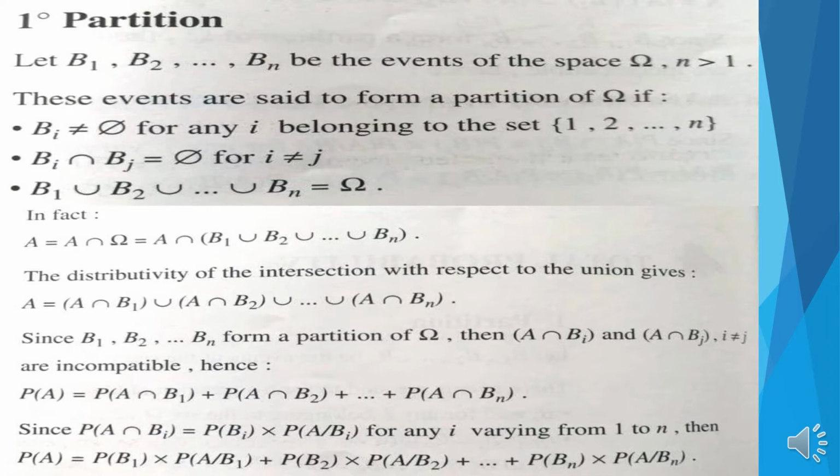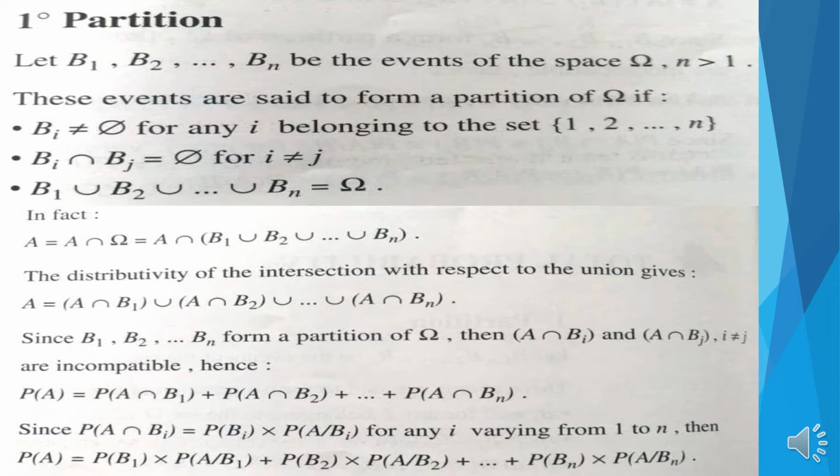The distribution of the intersection with respect to the union gives A intersection B1 union A intersection B2 union etc. A intersection Bn. So the total event A is the intersection with each of these previous events B1 to Bn.